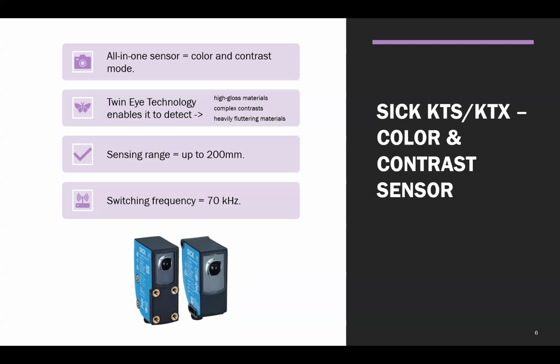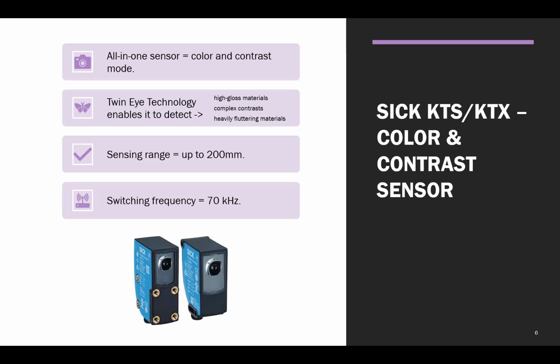The next one is the KTX. It's a color contrast sensor. It's not a new release, but it was released recently, I think last year. But I wanted to highlight this sensor because it is very powerful in that it can do contrast and color both for a very good price point.